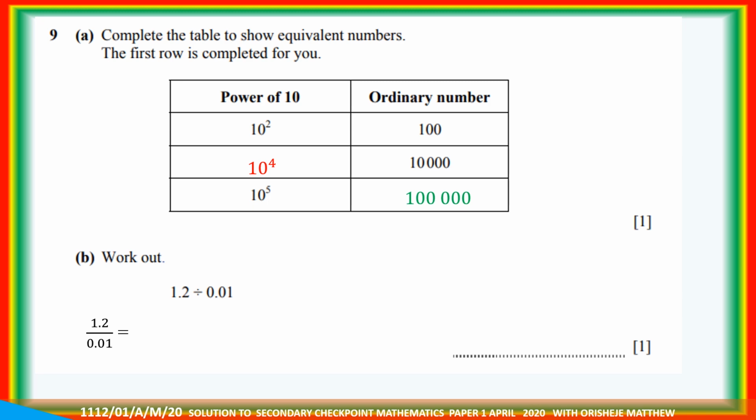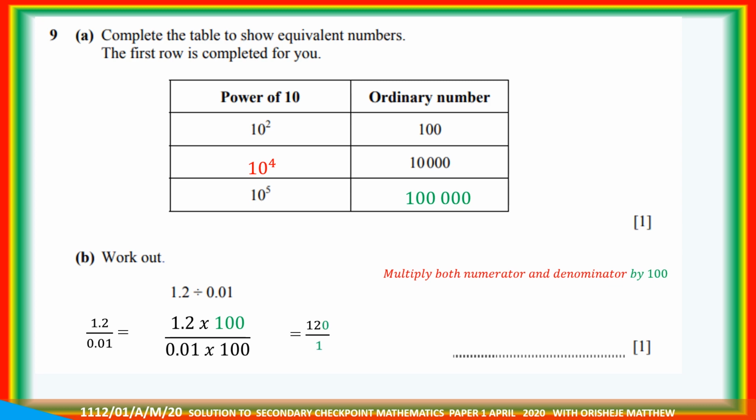So what I need to do, I'll multiply both the numerator and the denominator by 100. So I have 1.2 times 100 and then 0.01 times 100. So that will give me 120 divided by 1. So 120 divided by 1 will give me 120. So that is the answer to 9B.